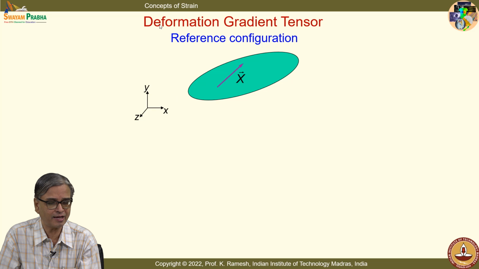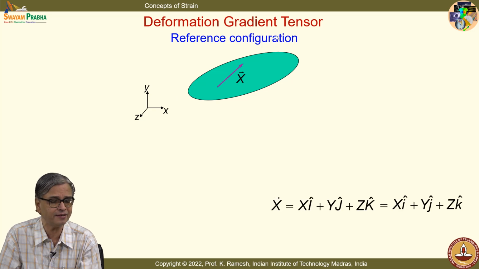We have seen displacement; there it is a deformation gradient tensor, and I have a vector, these are material coordinates. So, I have this as capital X, and the vector notation is also given, and this gets transformed to the current configuration.